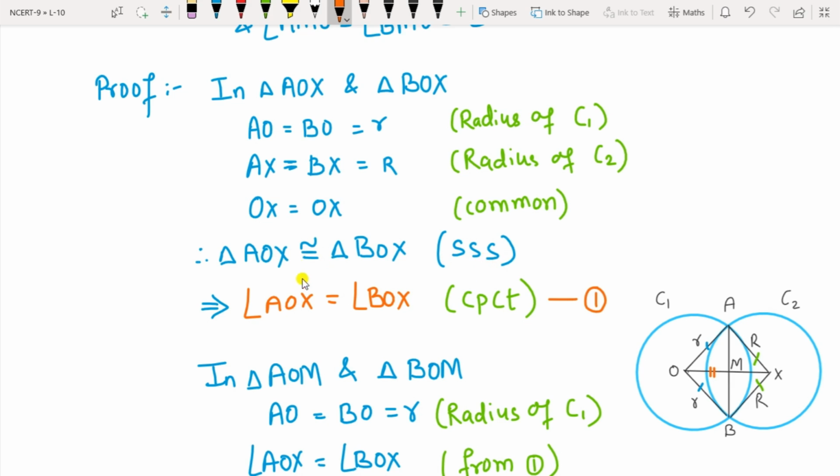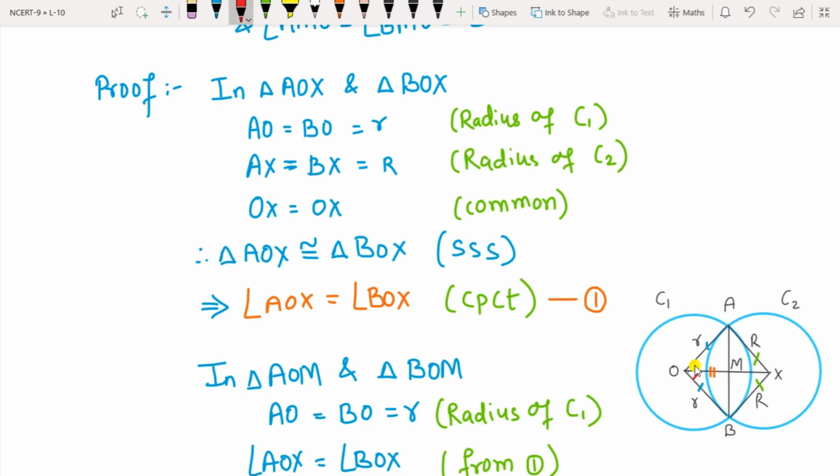And therefore by CPCT, angle AOX will be equal to angle BOX. So these two angles are equal, that we have proved from triangle AOX and triangle BOX. Now consider the other triangles, AOM, not up to X but up to M only, and BOM. You have to prove the congruency between these two triangles. Here AO is equal to BO, that is the radius of C1.